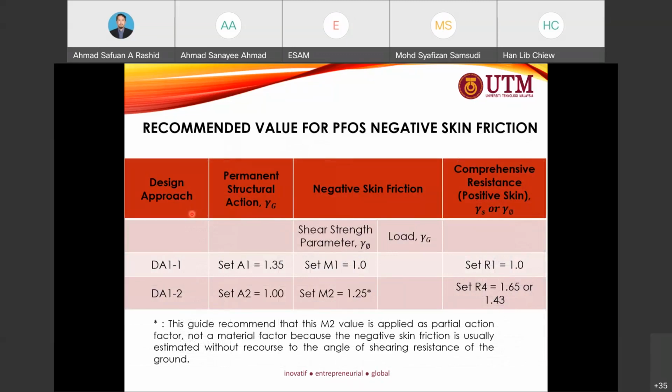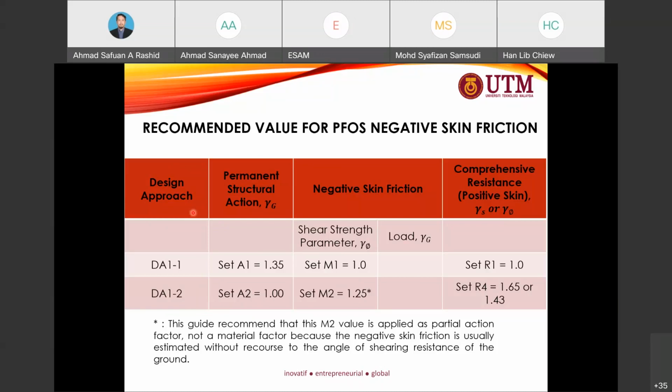So this guide recommends that this M2 value is applied as a partial action factor, not a material factor, because the negative skin friction is usually estimated without recourse to the angle of shearing resistance of the ground.